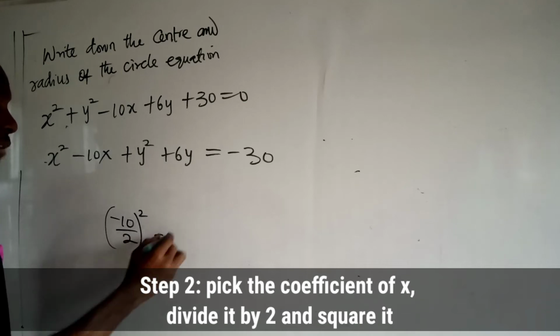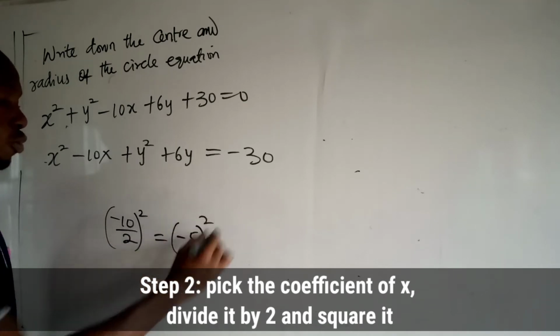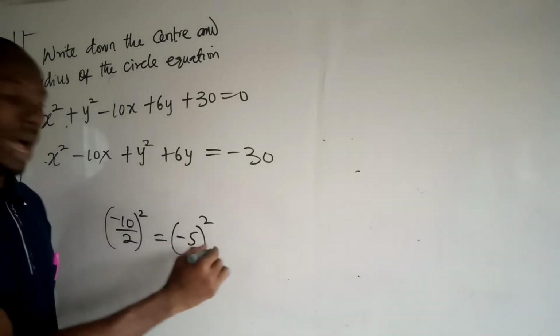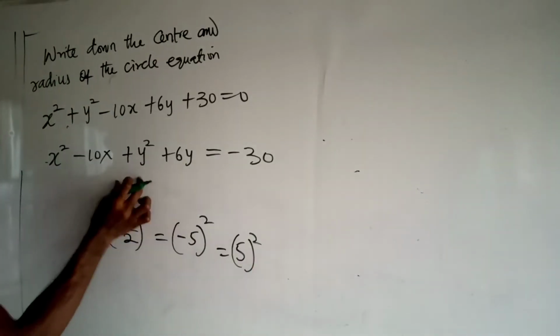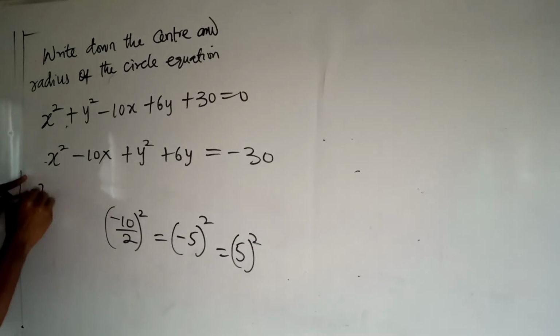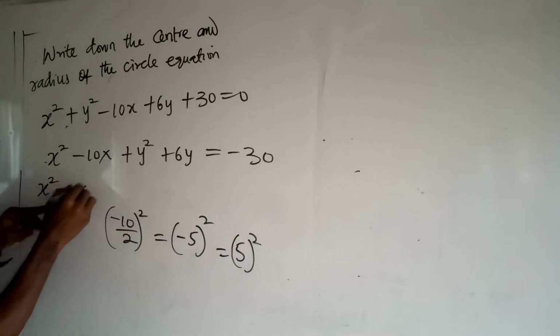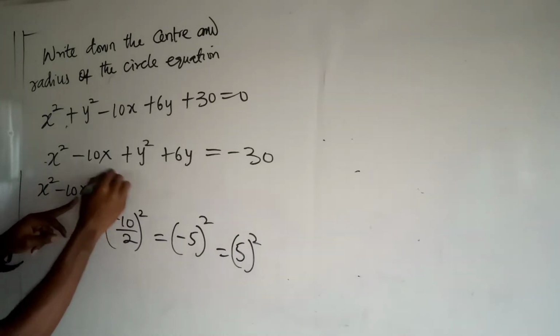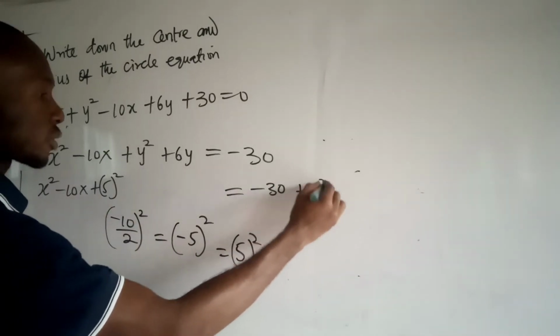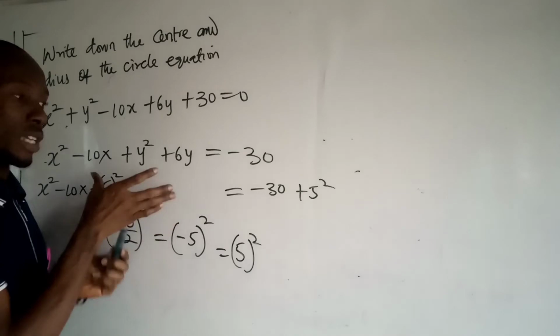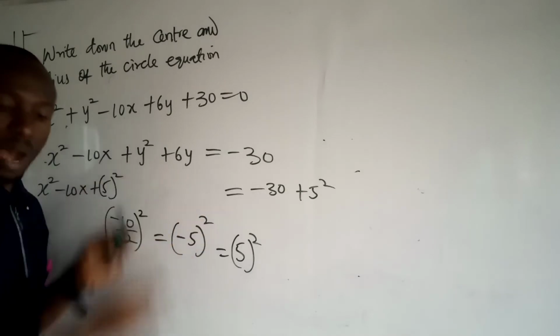So that means you have minus 5, and minus 5 squared is the same as 5 squared. I'm going to add this to both sides of this equation. So I have x squared minus 10x plus 5 squared equal to minus 30 plus 5 squared. So I have completed the square for the x. Now let me complete the square for the y.